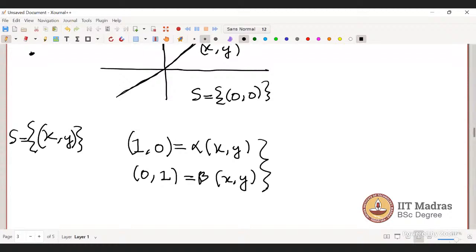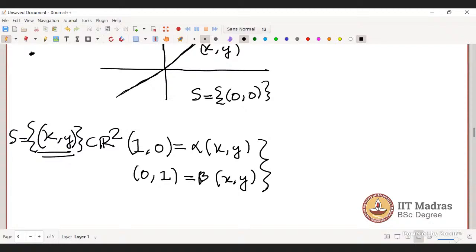Okay, you cannot do it simultaneously. If you have a singleton vector x comma y in R square, then you cannot write 1, 0 as a linear combination of x comma y and 0, 1 as a linear combination of x, y simultaneously.